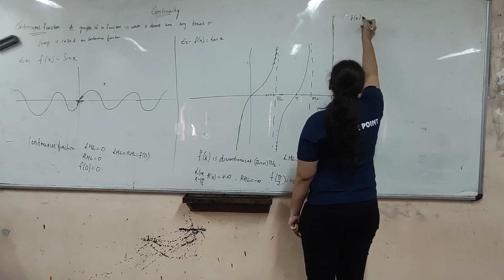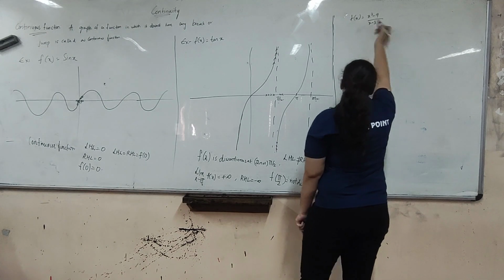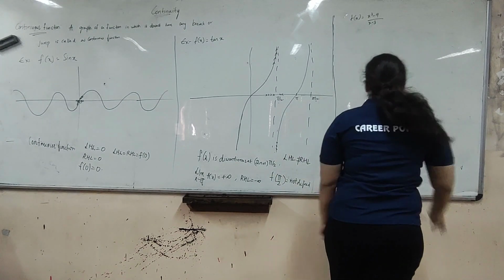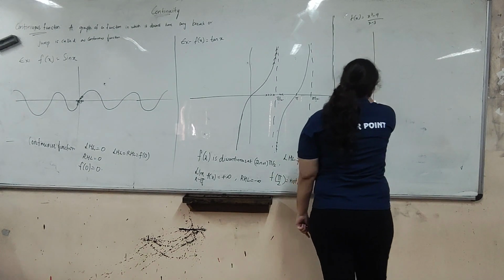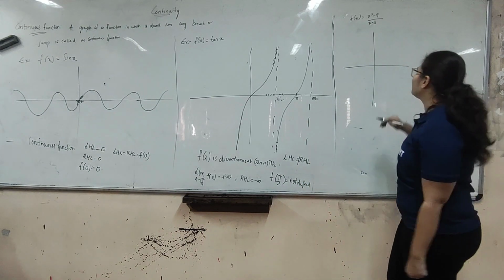Now let's see another example. f of x is equal to (x square minus 9) by (x minus 3). How will the graph be? At x equals 3 it is not defined, right?